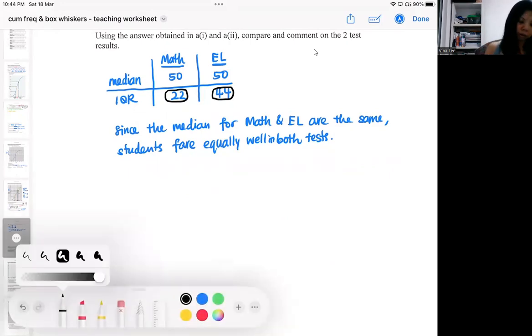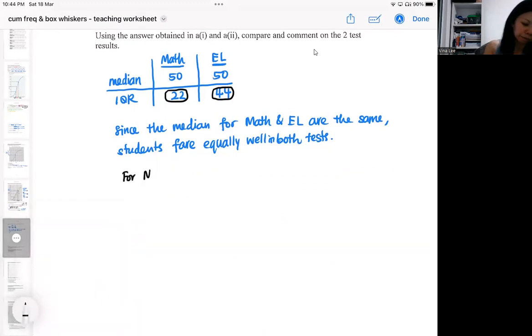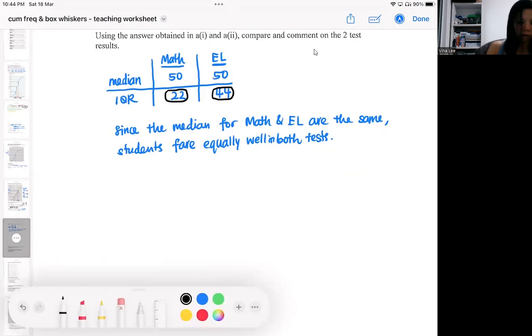So again, I need to mention who is the one with the smaller interquartile range. So for math, the interquartile range is 22. I should say the obvious first.